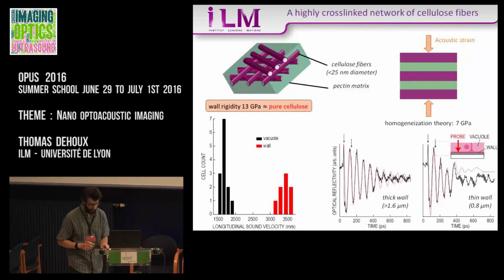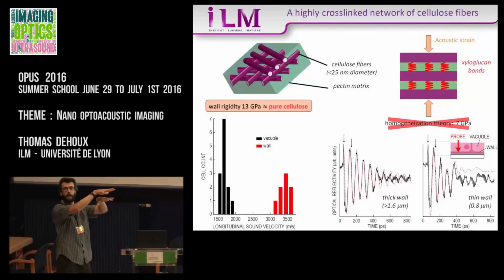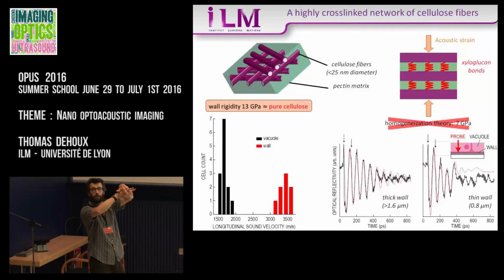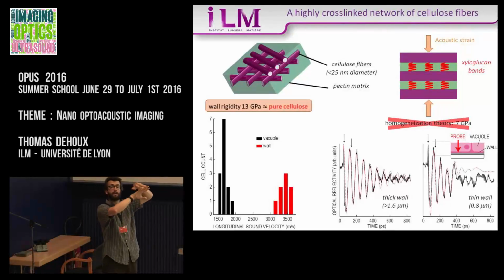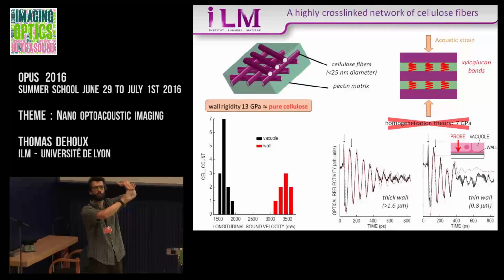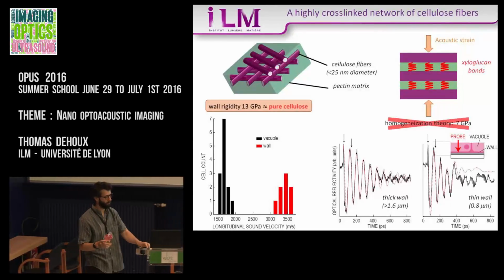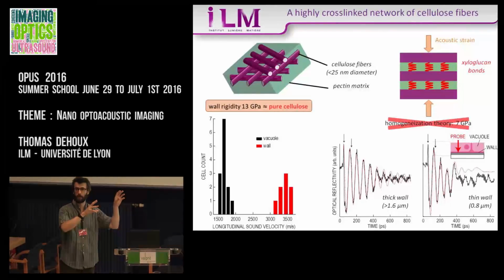It is the fact that the fibers, which are in different planes, are connected together by xyloglucan bonds, and they form a highly cross-linked network that spans over the whole thickness of the wall. And that's why what we measure is only the influence of this highly cross-linked network, and we don't see, or barely see, the influence of the surrounding pectin matrix.